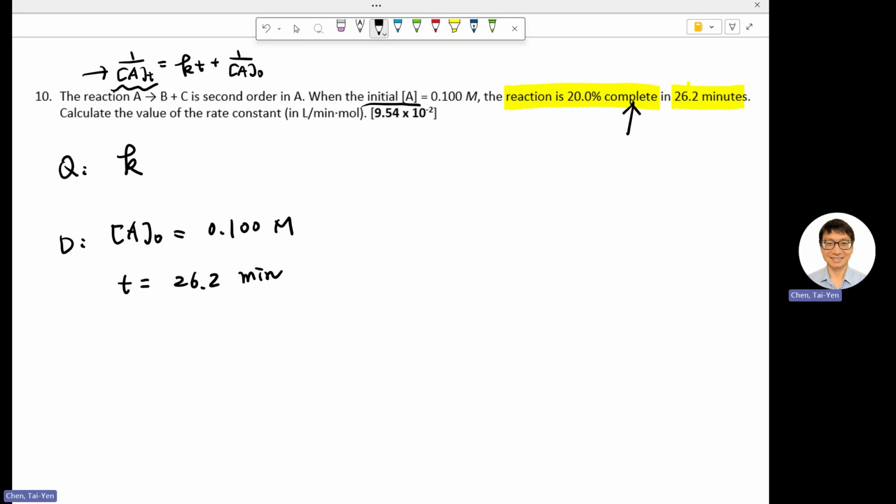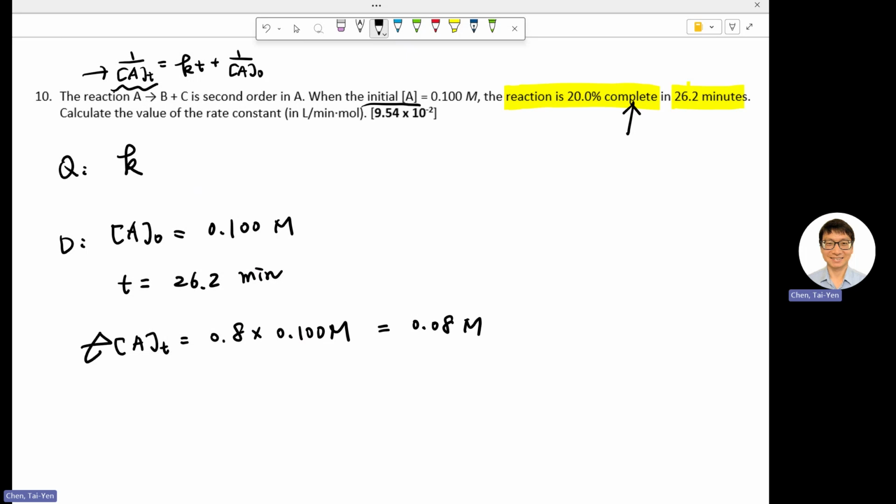So that one is actually telling you this is 80% of the original concentration, right? So that you know your AT is 0.08 M.